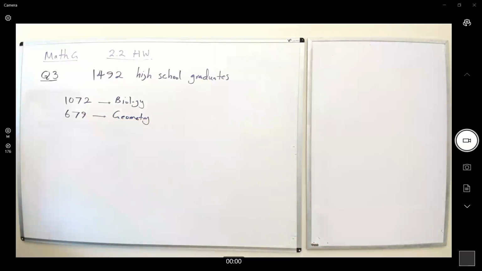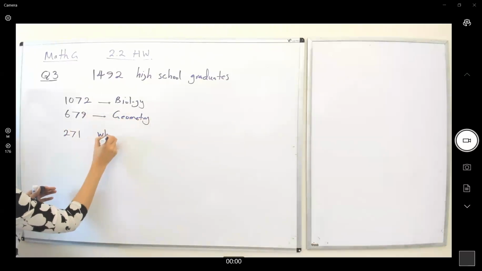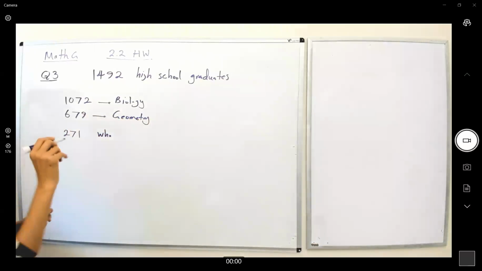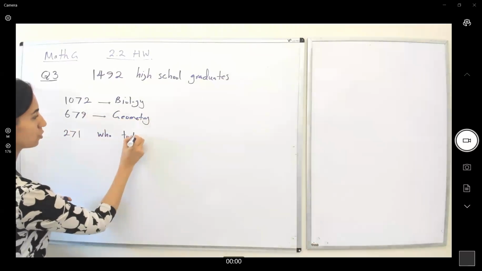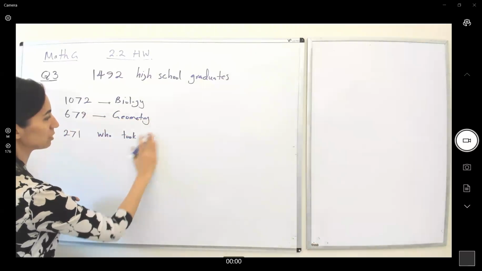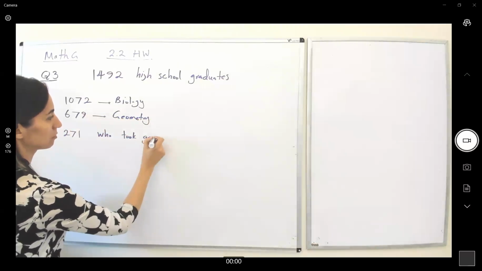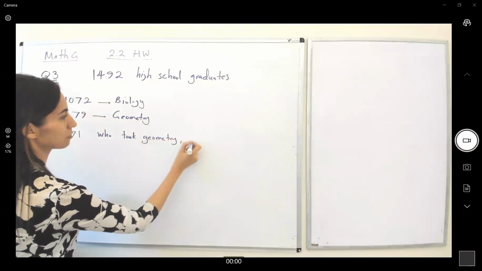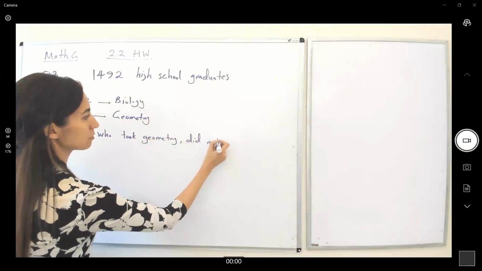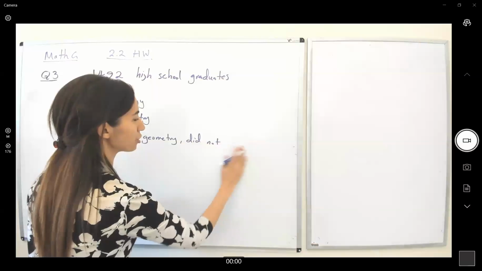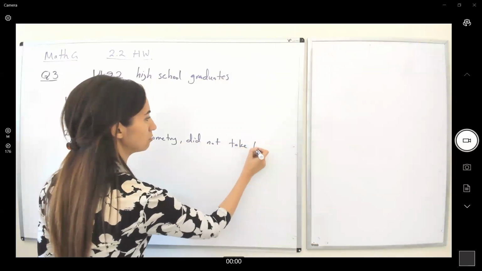We also know that 271 of those who took geometry did not take biology. Okay.